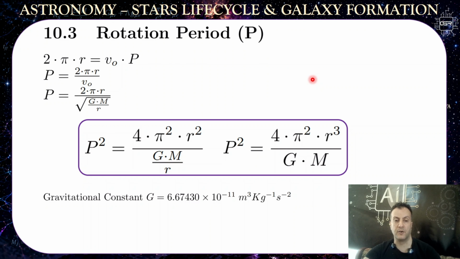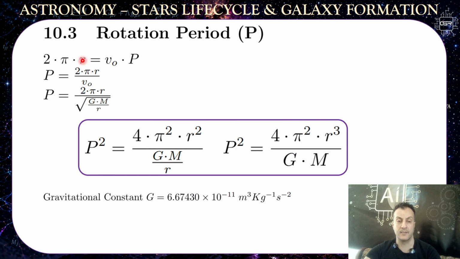The rotation period is given by a simple formula. When you have a constant velocity, the distance traveled by an object is equal to the velocity of that object multiplied by the time. Here you have a uniform velocity but in a circular orbit.